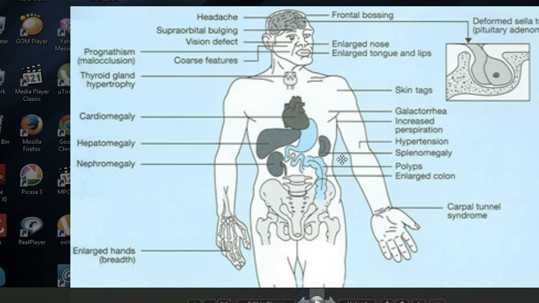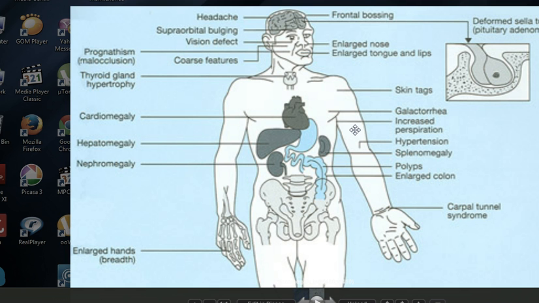In the joints, it can cause osteoarthritis or pseudogout, so we have to ask about joint pain. And it can be associated with high blood pressure and diabetes mellitus as well.